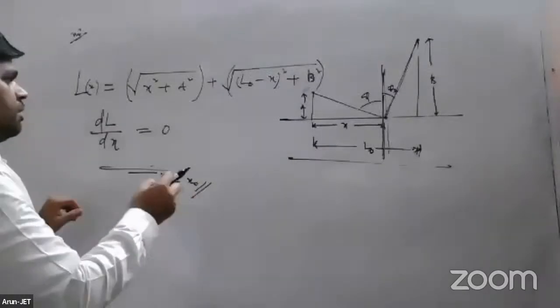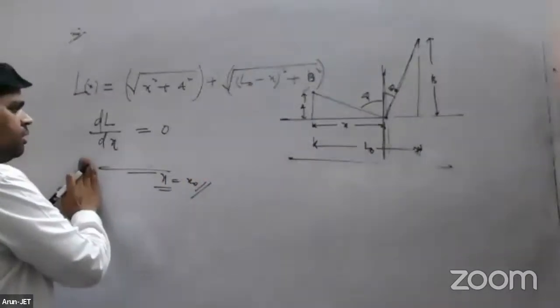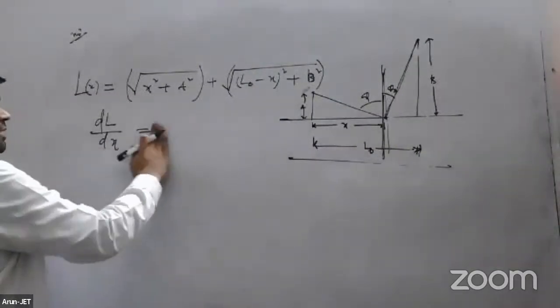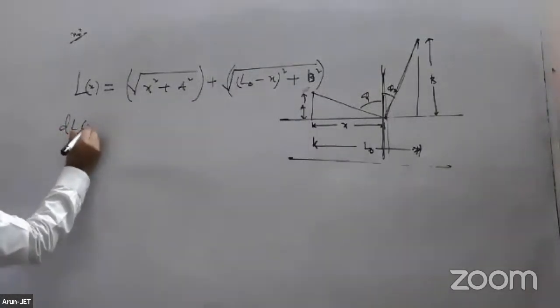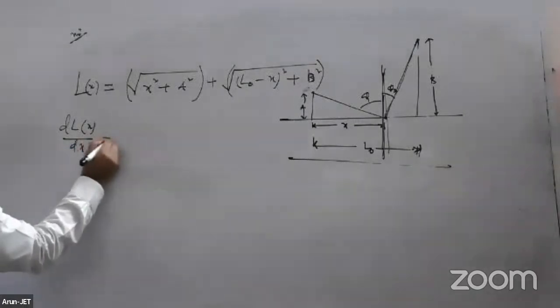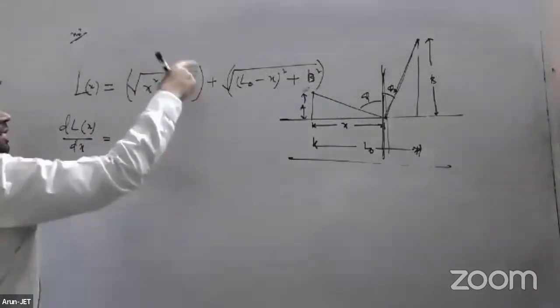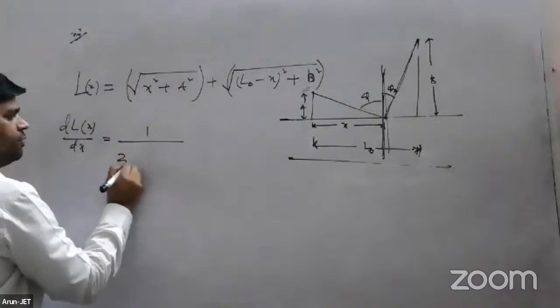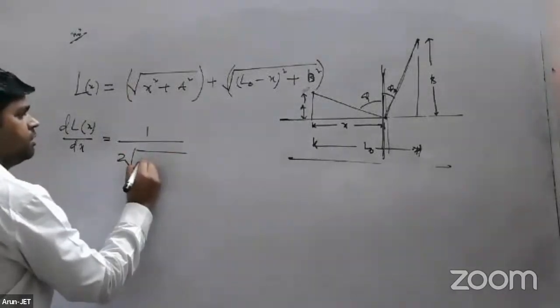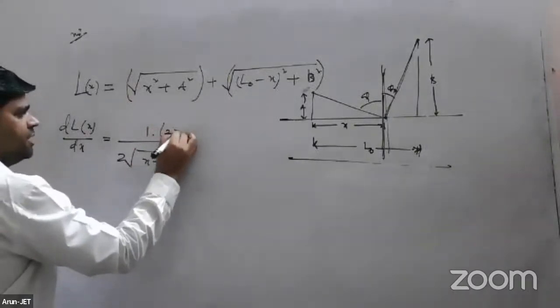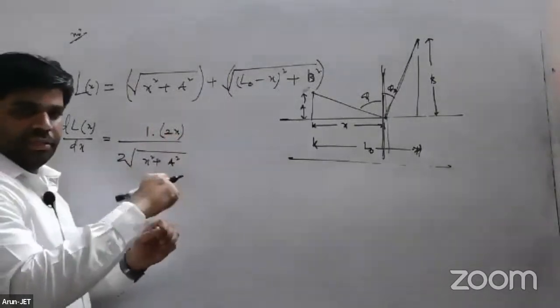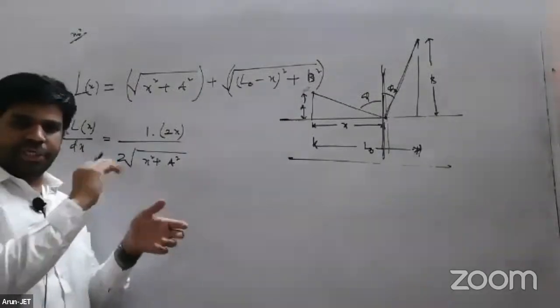All right, let's look at this one. So I differentiate this. dL/dx is equal to, what is the derivative of this one? Chain rule. 1 by 2 root of x square plus a square, times, I go inside the function, onion peeling method, or outside-inside rule.